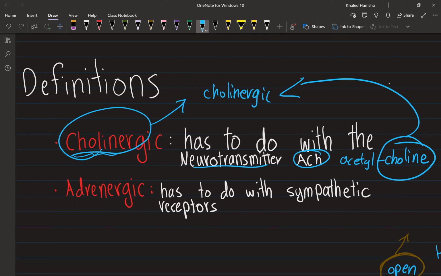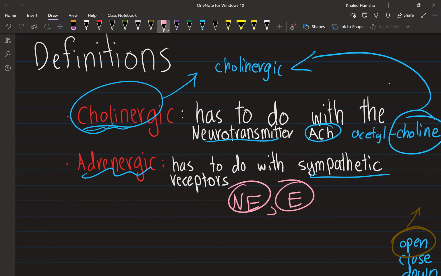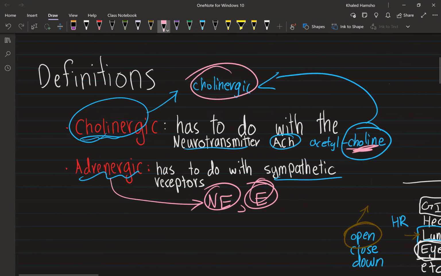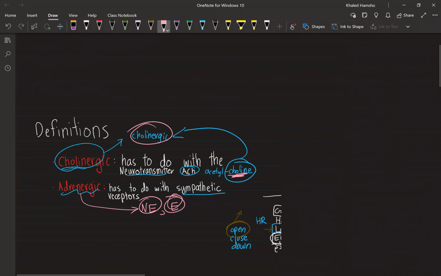Adrenergic is the exact same thing, but it has to do with norepinephrine and epinephrine. So adrenergic neurons use norepinephrine and epinephrine, and cholinergic neurons use acetylcholine. This is the only difference in terminology. Obviously, they have big differences between them, but this is the difference in terminology.